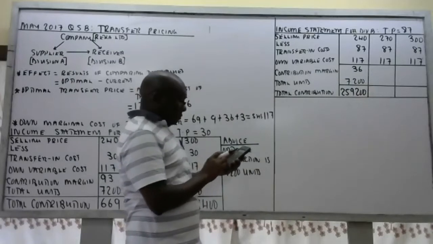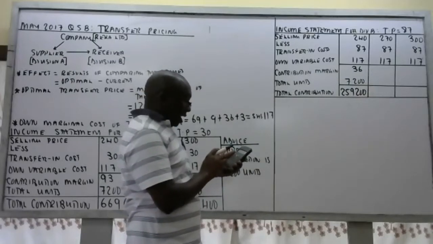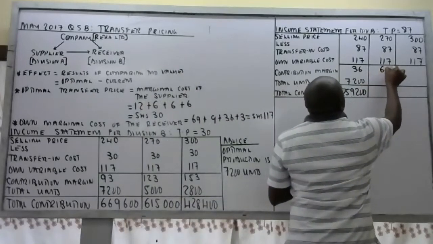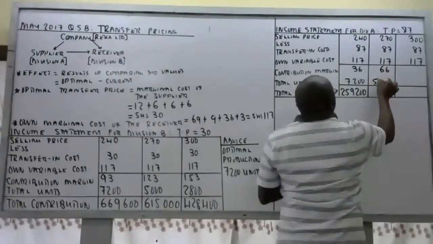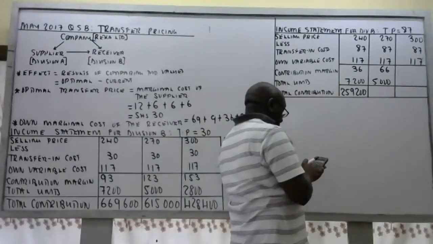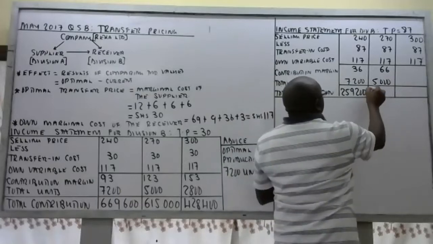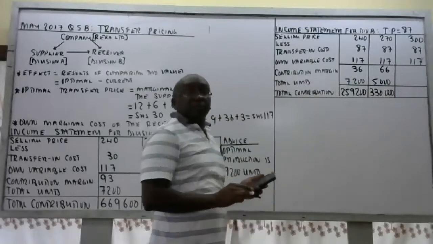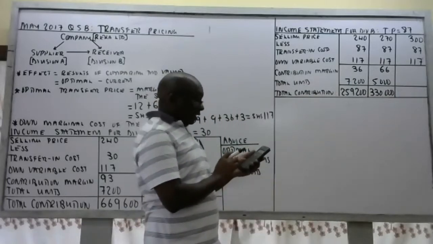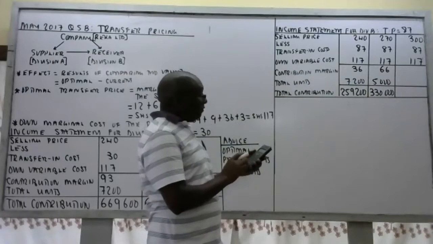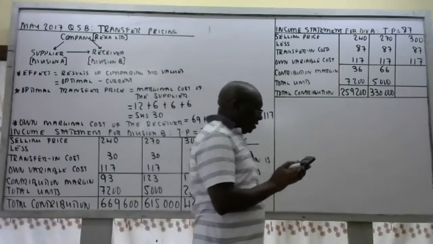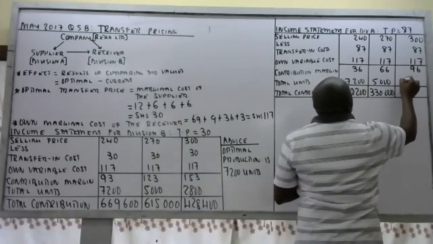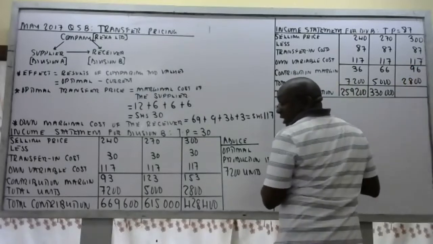Then 270 minus 87 minus 117 is 66. And we have 5,000. That gives us 330,000. Then 300 minus 87 minus 117 is 96, and the units are 2,800.